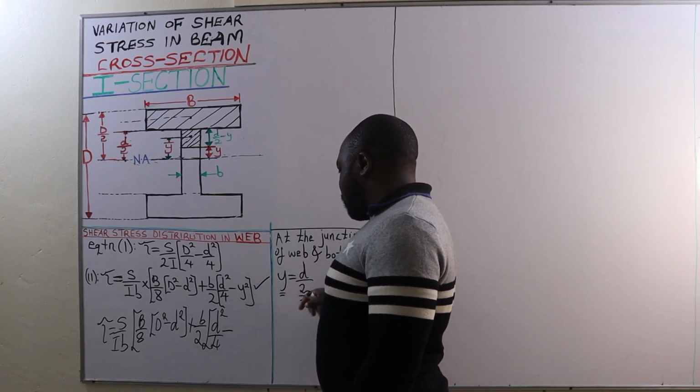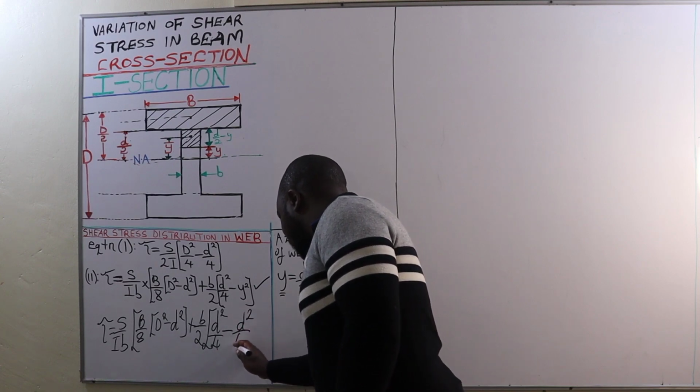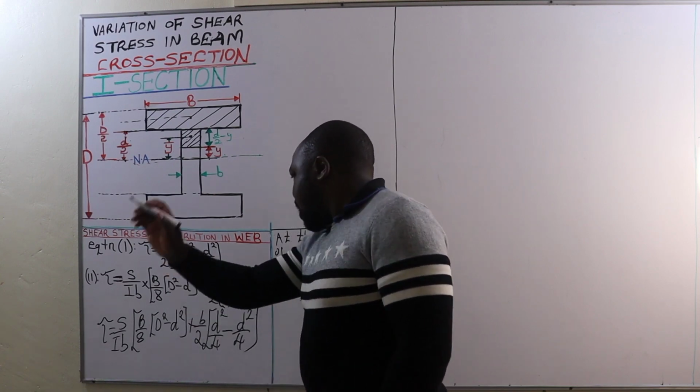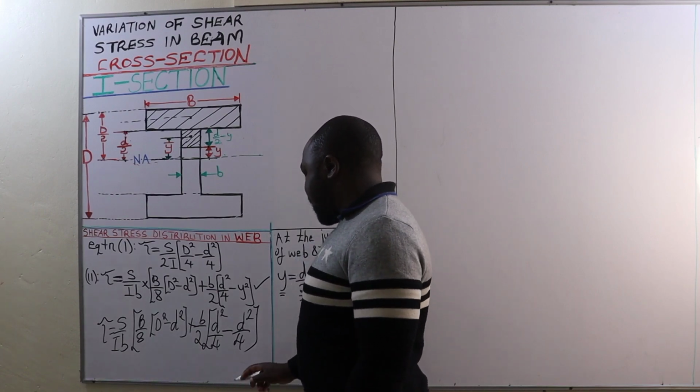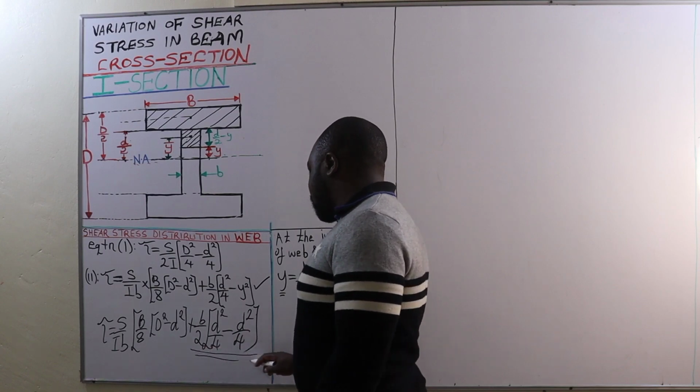Therefore, when you square d over 2, you are going to have d squared divided by 4. And that will make this part equal to 0.